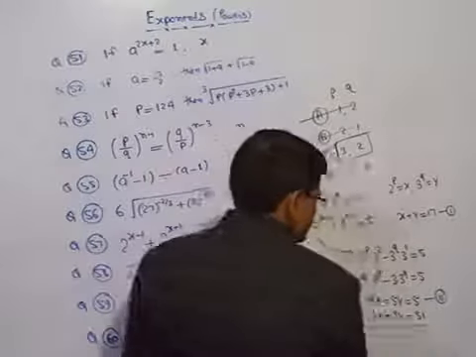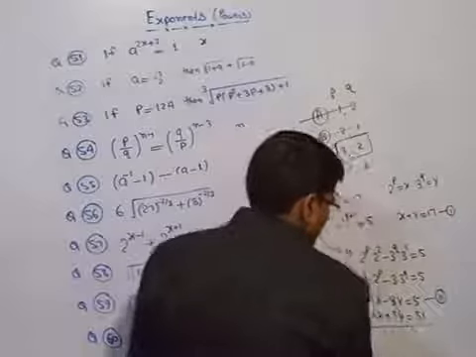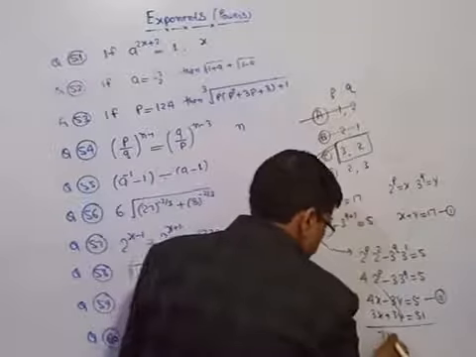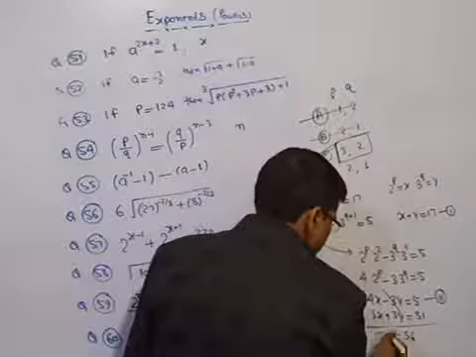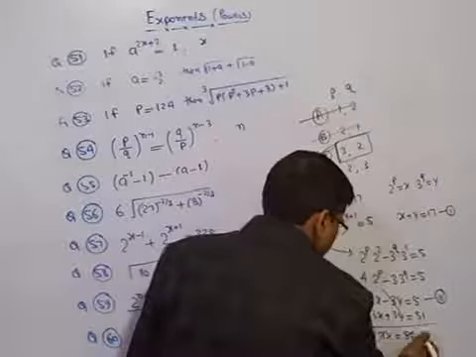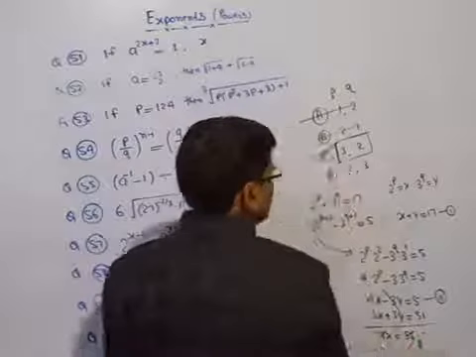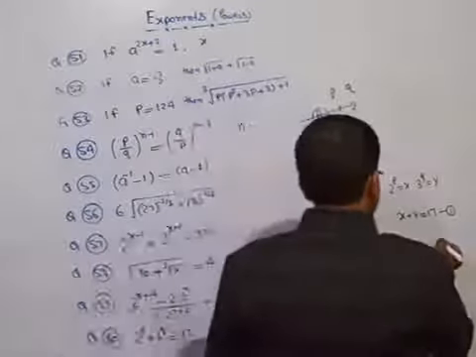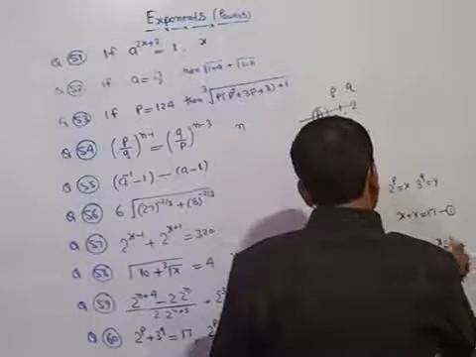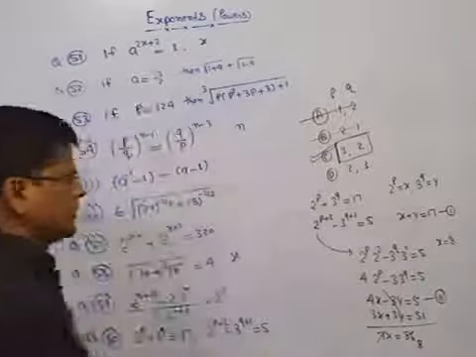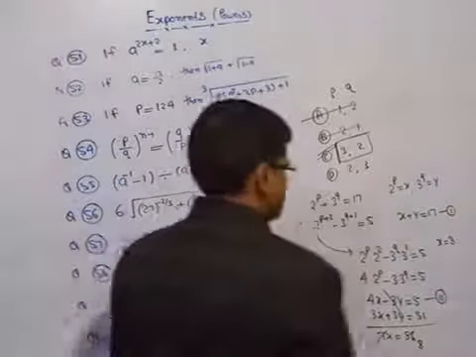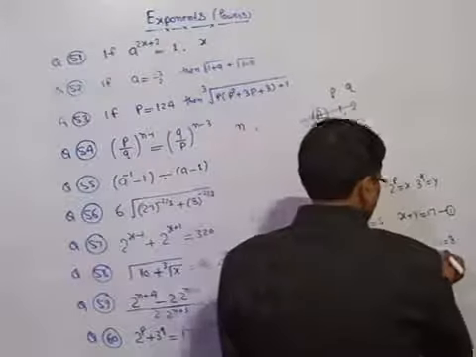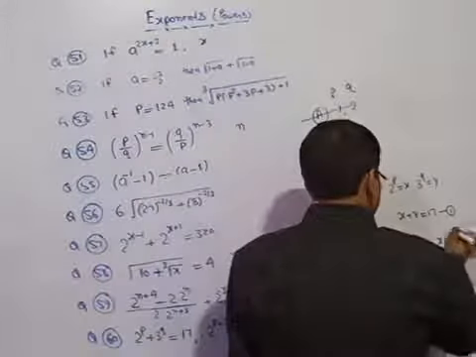Add; this and this cancel out. 7x equals 56, 7 times 8 is 56. Clear? Then x equals 8. Put the value of x in equation first, then y equals 9.